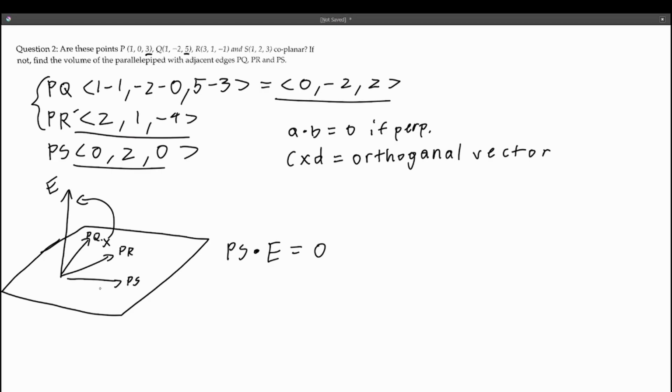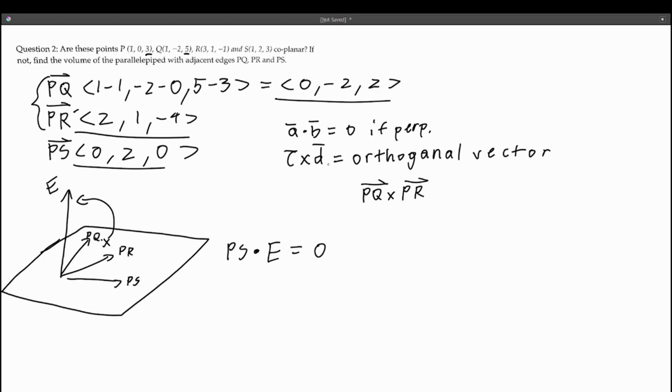So now let's apply that with the vectors that we do have. Let's do the cross product of PQ and PR, and I'm not doing this in proper vector notation. I should be putting arrows over them, so let me just go ahead and do that just to make it a little bit clearer.